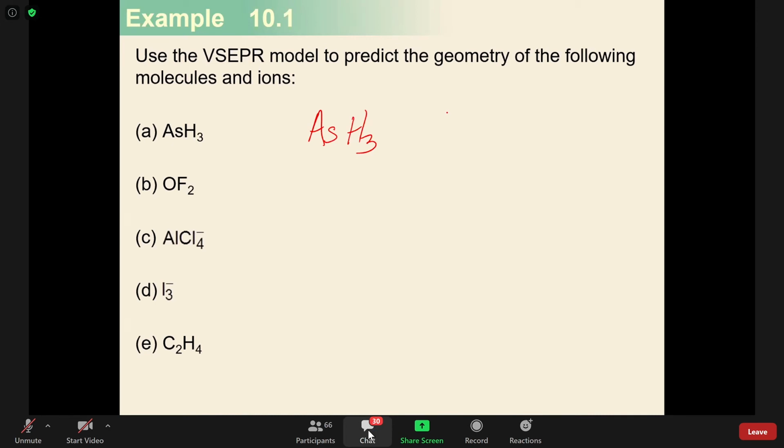I'll do that. How many valence electrons are we dealing with here? Who can tell me that? Thank you, Christian. So we have a total of 8. I've used up 6 electrons, so I must have to put the remaining ones as a lone pair.